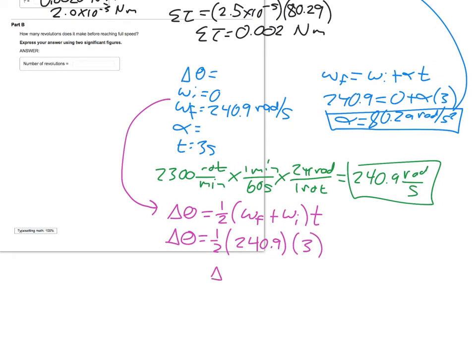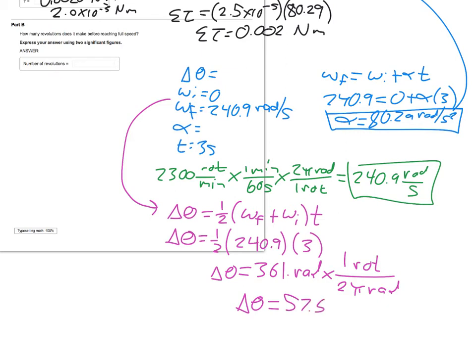So I end up getting an angular displacement of 361.2 radians. But we need to convert that, so 2 pi radians is 1 rotation. And so my angular displacement in rotations is 57.5 rotations. Rounded to 2 sig figs, that becomes 58.